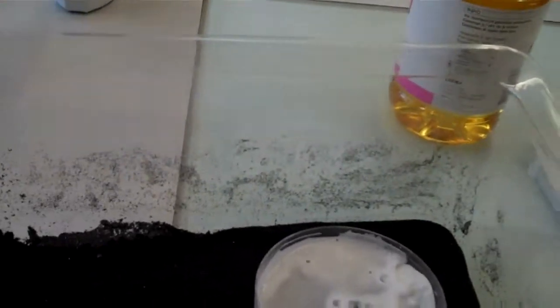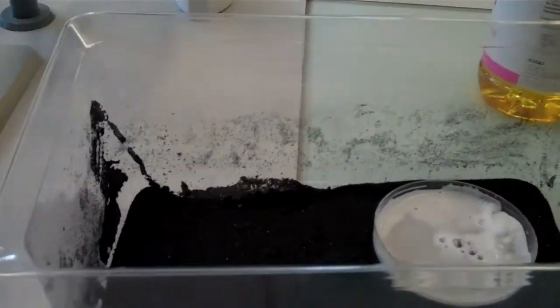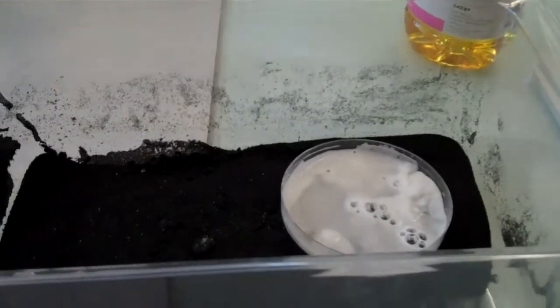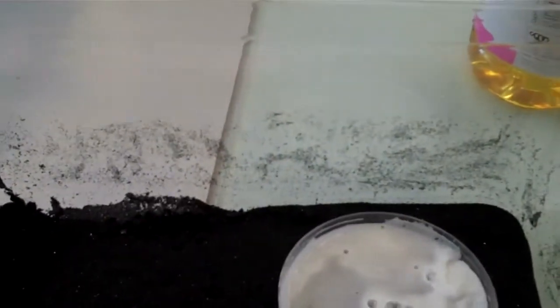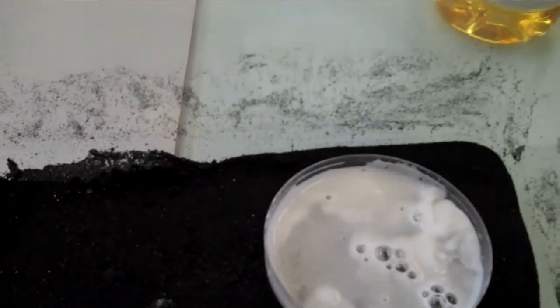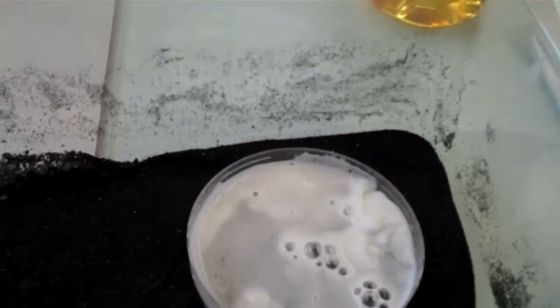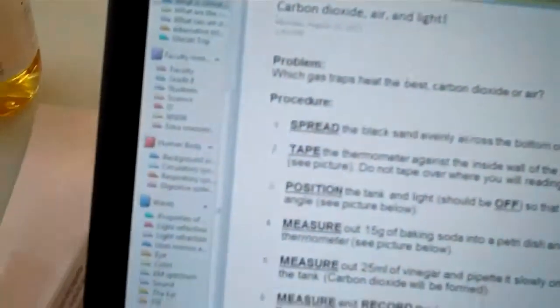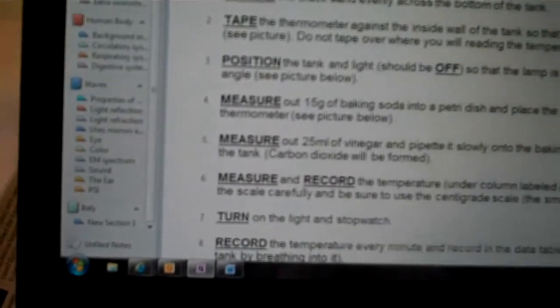We then emptied out the carbon dioxide and filled the tank with air and did exactly the same experiment, measuring the temperature before we turned the light on and 5 minutes after we turned the light off. And then we collected class data.